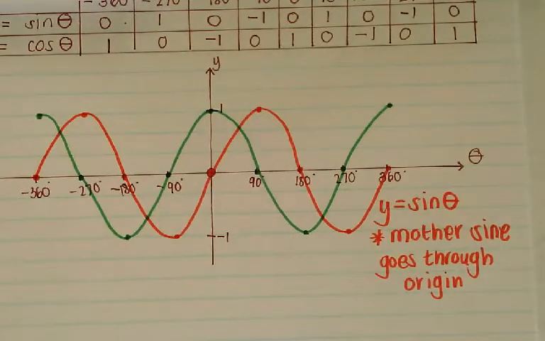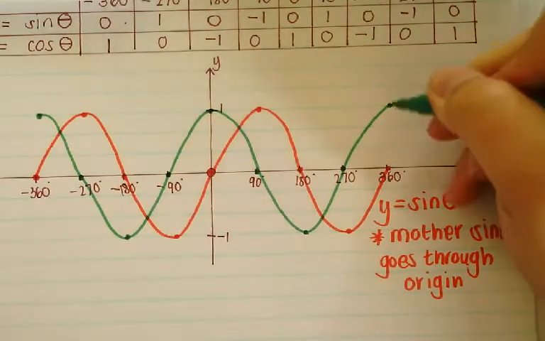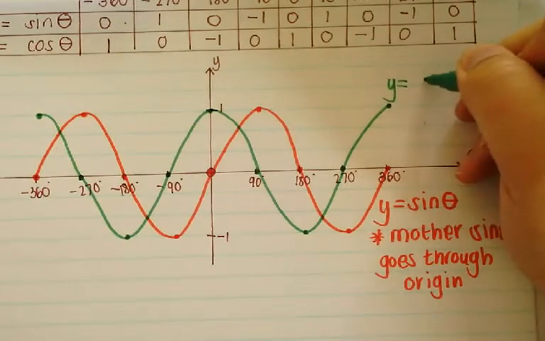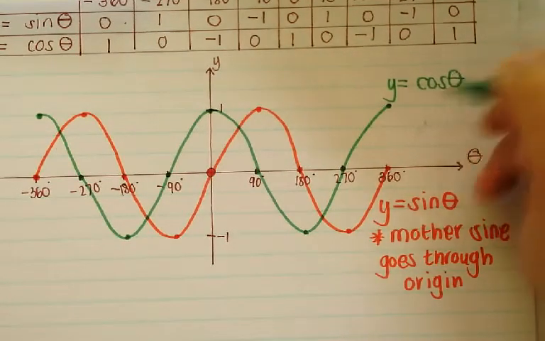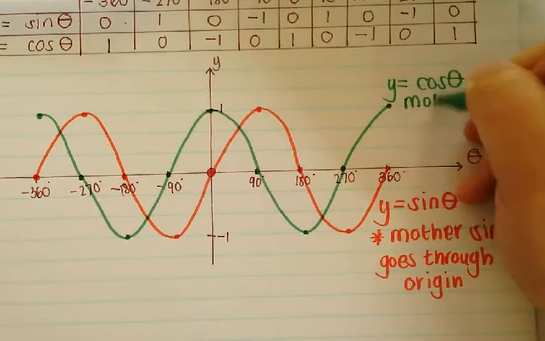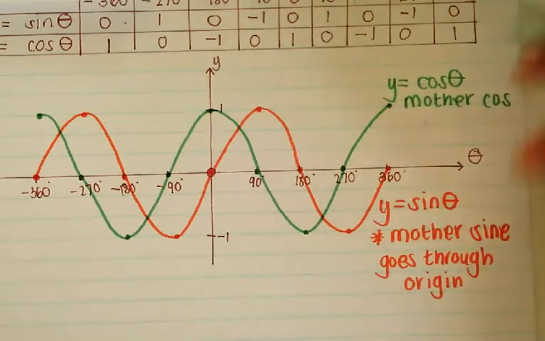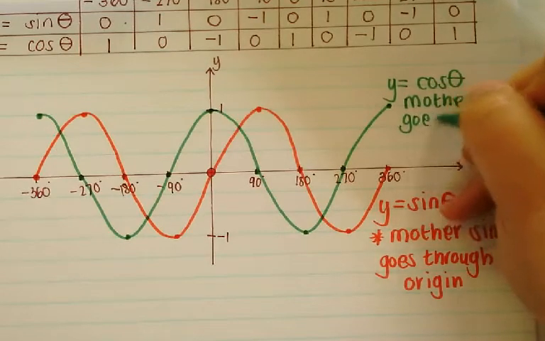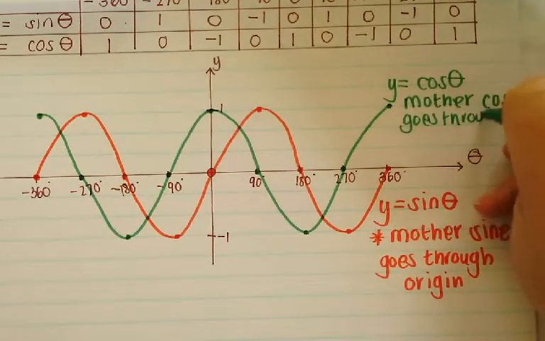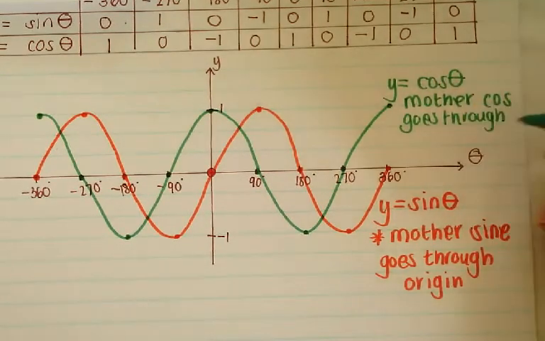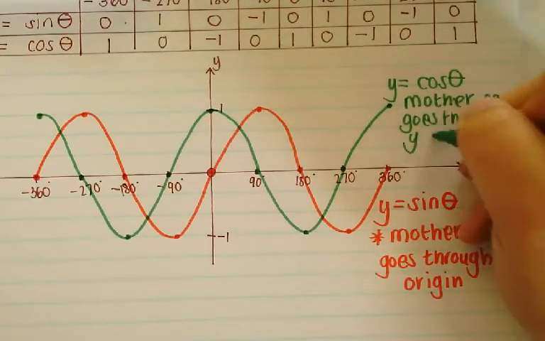So we're always comparing it to the mother graph. And my green graph is my mother cos graph. And this goes through the y-axis at 1 in the mother graph.